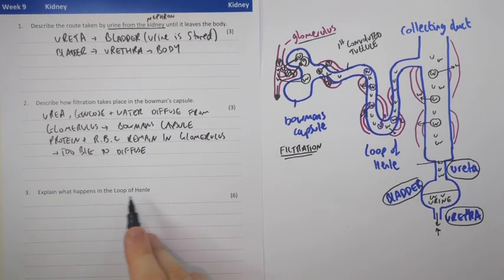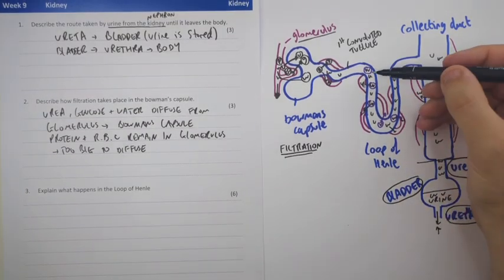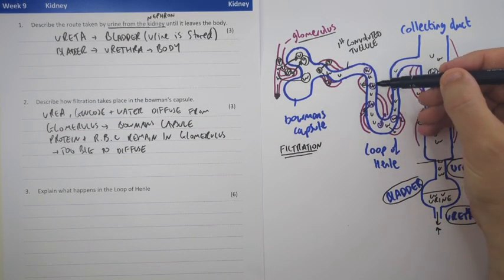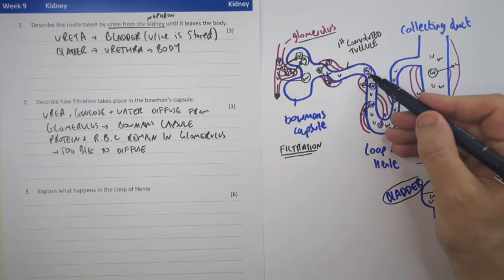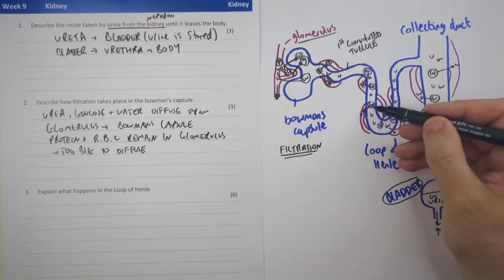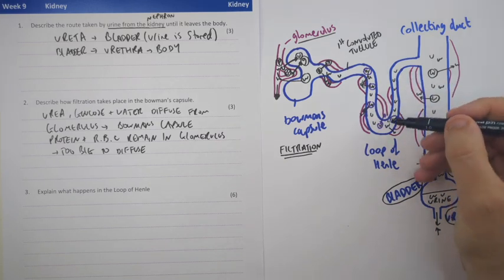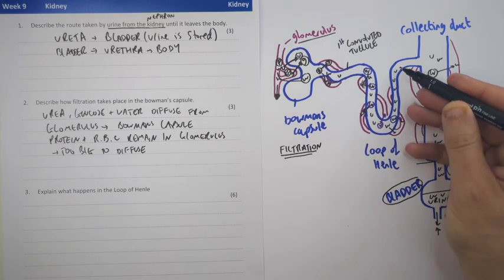So now let's explain what happens in the loop of Henle. Remember, in the loop of Henle, urea and water enter the loop of Henle. Water is going to go by osmosis, going to be transported into the blood, therefore reducing the water content in the loop of Henle, in the nephron, but the urea remains in the loop of Henle.